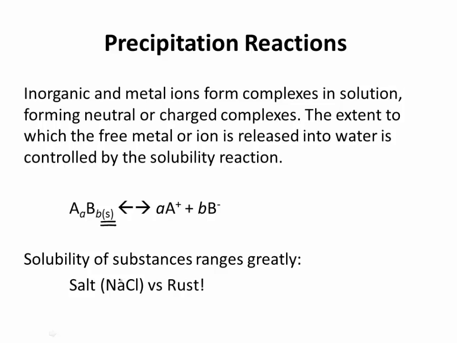And by convention, the precipitate or solid form is always written on the left-hand side of a chemical reaction. Now, the solubility of different substances varies greatly. For instance, salt, sodium chloride, is readily soluble, and so the equilibrium constant for salt would be very high. On the other hand, rust is highly insoluble, and so the equilibrium constant for rust would be very low.